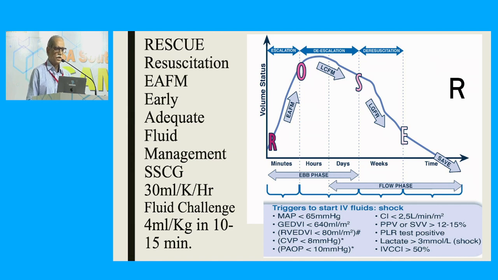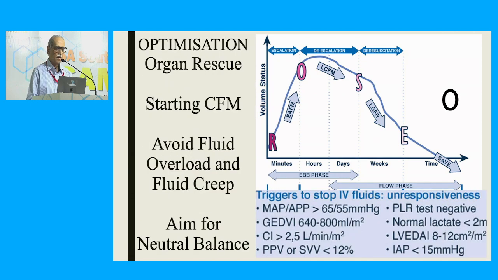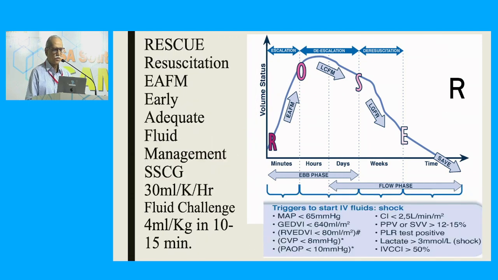The Surviving Sepsis Campaign told us to use 30 ml per kilogram in the initial hour. This may be a bit too much, and you may instead go on to a fluid challenge of 4 ml per kg in 10 to 15 minutes, and you can use many of these challenges rather than go on to 30 ml per kg. That way you can use early adequate fluid management.